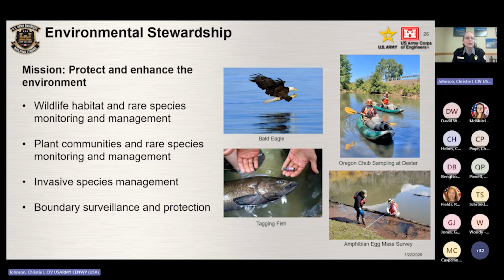So for environmental stewardship, our mission is to protect and enhance the environment. And the forested shoreline of the Middle Fork reservoirs provide unique habitats for a great variety of plants and animals. There's critical habitat for threatened species such as the northern spotted owl and bull trout.